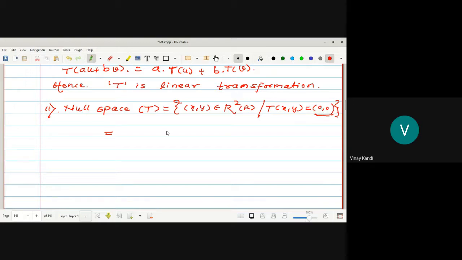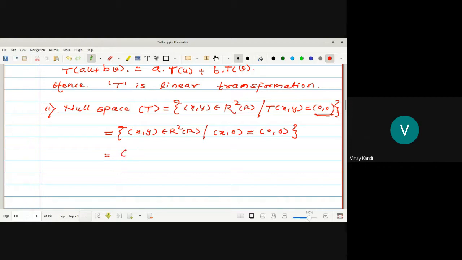So here X, Y belongs to R2 over R, such that what is T of (X, Y)? T of (X, Y) is equal to (X, 0), by the mapping which is given to us, which is equal to (0, 0).